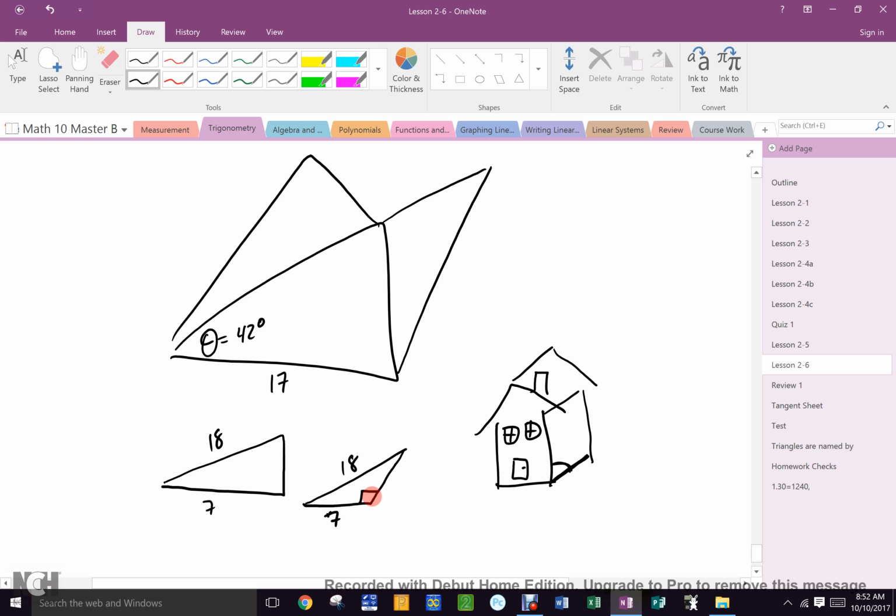Can you do trig on that triangle? Yeah. Why? Because it's got a right angle. Does it look like a right angle? No, because it's drawn on 2 dimensions. Like this over here, right? You have to be aware when something is a right angle, even if you can't draw it that way.